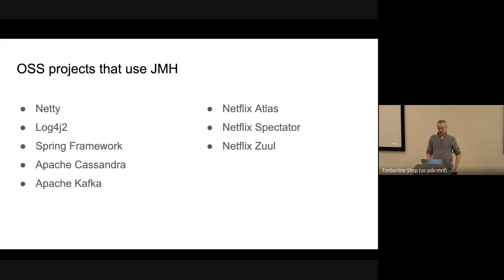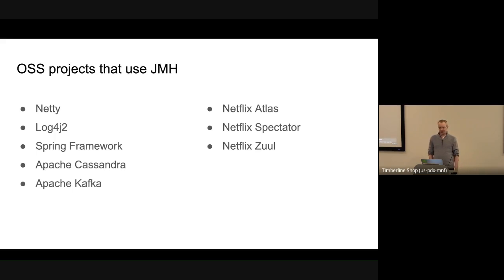Spring team uses JMH, and then at Netflix we have a few open source projects. I just highlighted 3 of them here, but Atlas is a time series database that we run at Netflix for more or less our observability platform internally. So the public repo for Atlas has a bunch of JMH benchmarks, and then Spectator is a metrics library for Java, very similar to Micrometer.